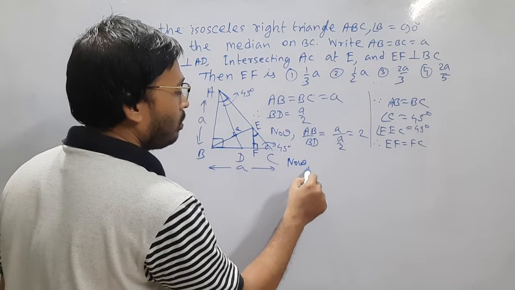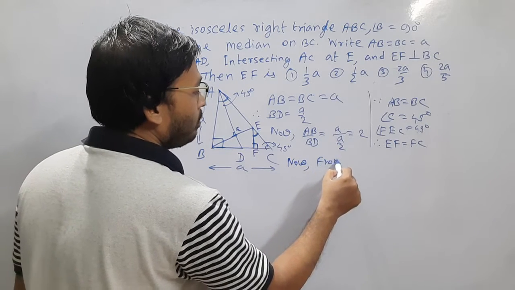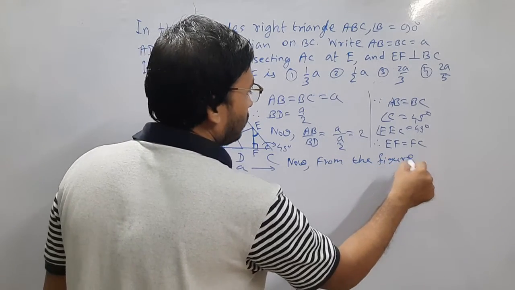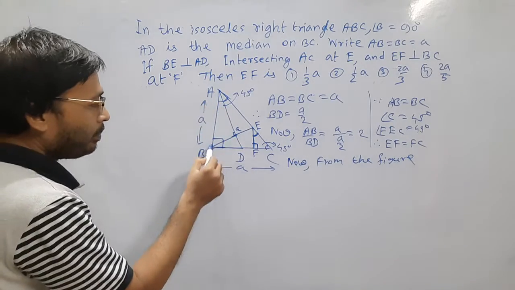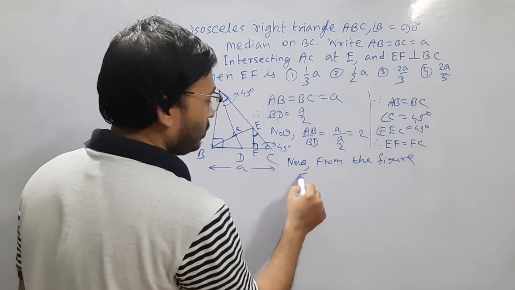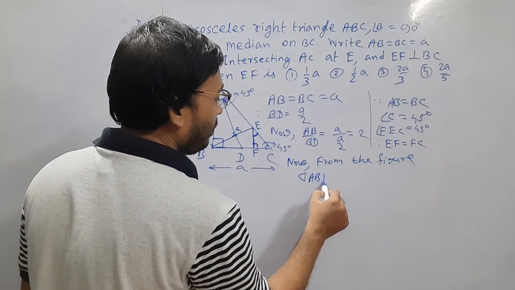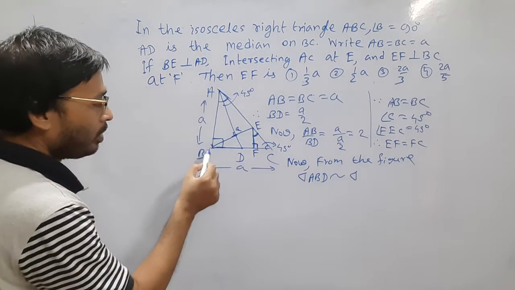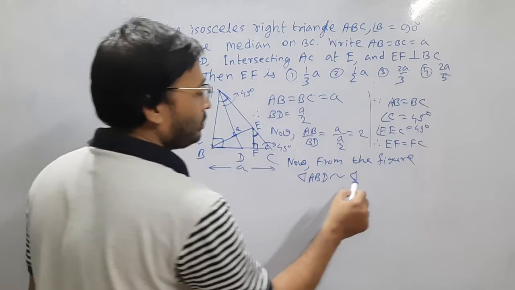Now, from the figure, triangle ABD is similar to triangle BEF.